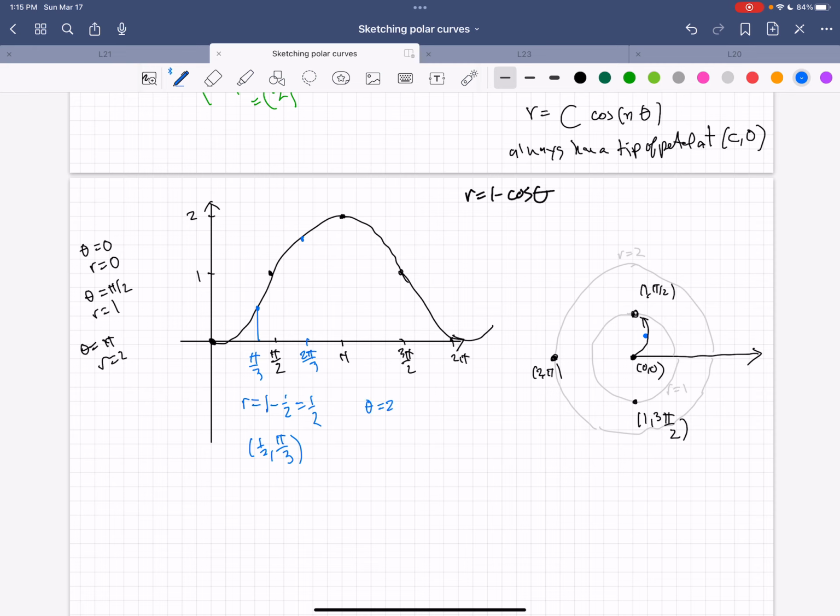Okay, so when theta is equal to 2 pi over 3, we end up with r equal to 1 minus negative 1/2, so 3 over 2. So if this one here was 1/2 at pi over 3, now we have 2 pi over 3, halfway between 1 and 2. 3 over 2, 2 pi over 3.